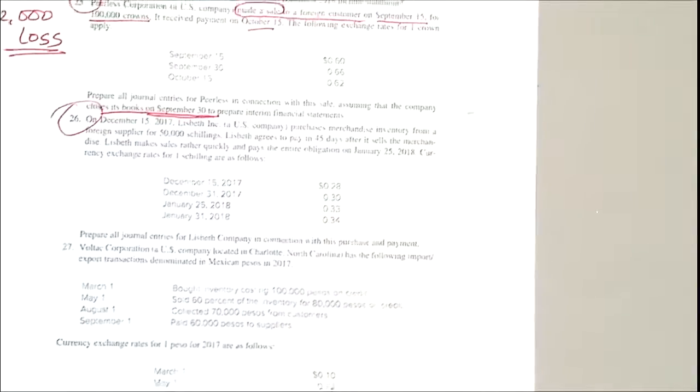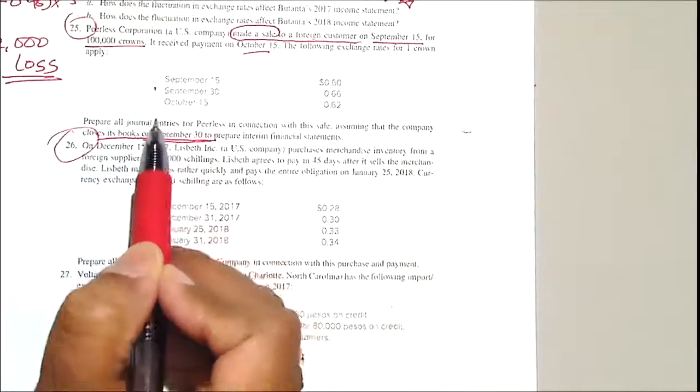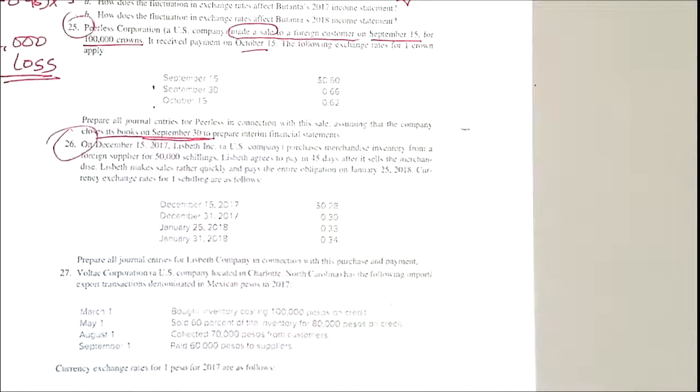That means on the 30th, we're going to calculate the gain or loss. We'll adjust it, and then again on October 15th, we'll do it again. Right, so let's try to do the journal entry quickly.